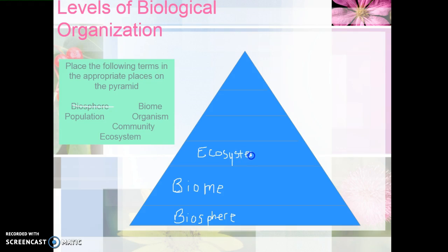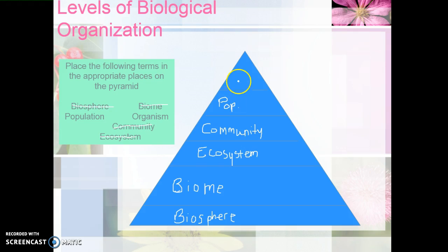Ecosystems are going to be the living and non-living things in an environment. Then we would go to community. And from there, population. Population is going to be one species.